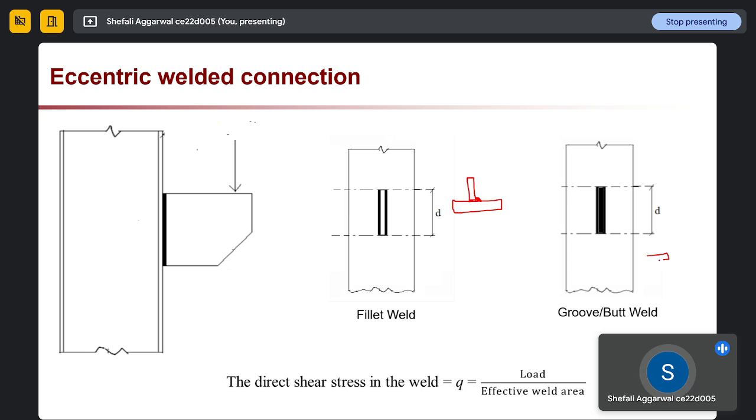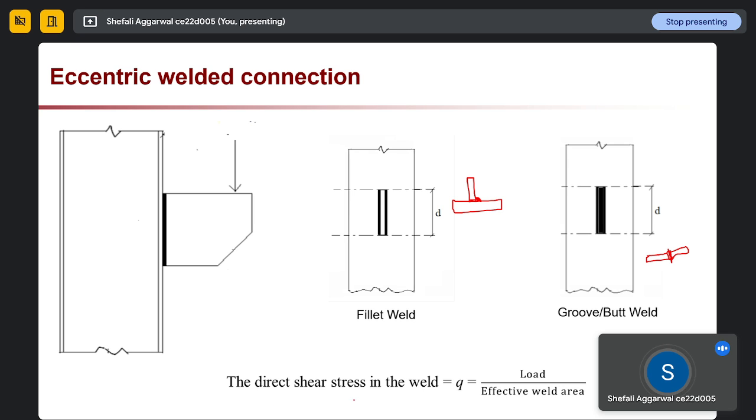And in case of butt weld, two plates are connected end to end, filled with weld. For both the cases, we will see the design, how this eccentric load will affect our design.